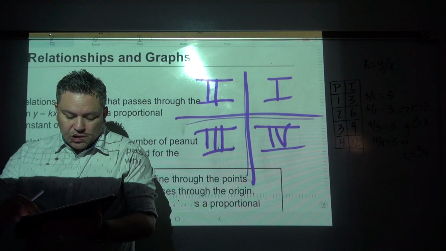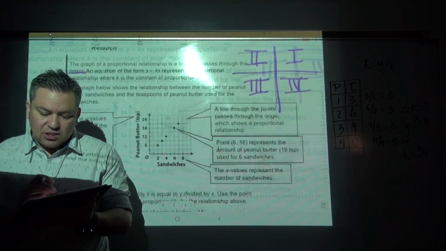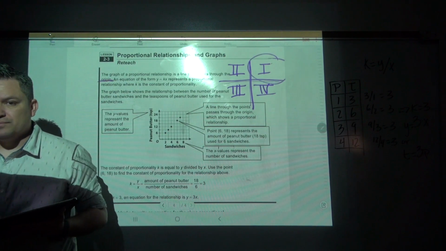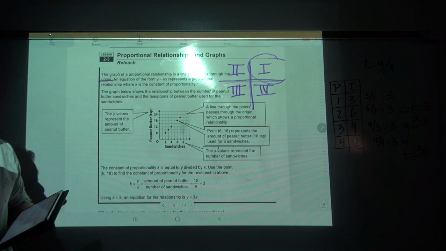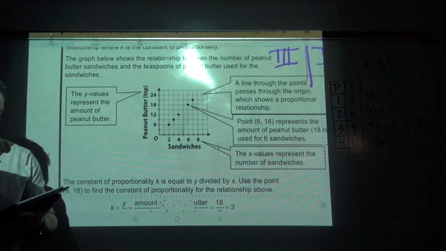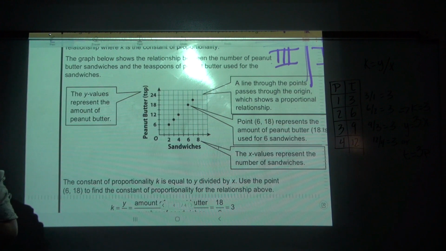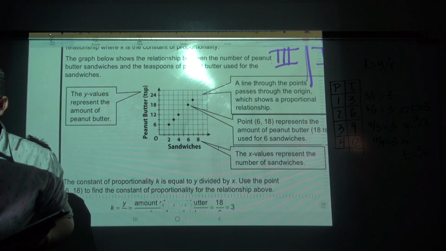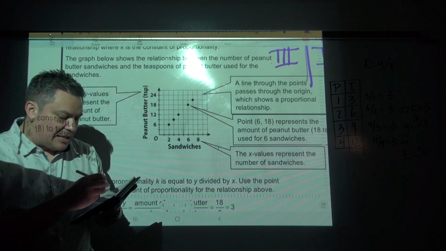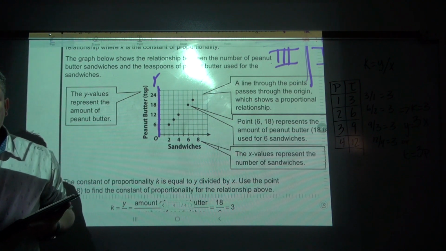Now, when we look at this graph right here, we are only focused on quadrant 1. Okay? We're only looking at quadrant 1. And in this graph, it says the Y value represents the amount of peanut butter. The Y value is going to be the vertical axis, the one standing up. This right here, this is your Y value.